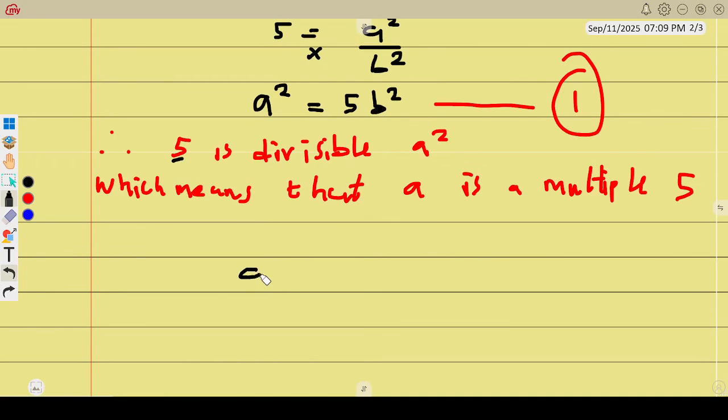Therefore we can write a as a multiple of 5, like we just put any letter. So this is where I was calling it the error step. You have seen our step 2 has come out. So the first step, you just need to have a square.